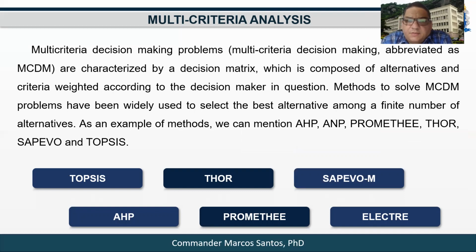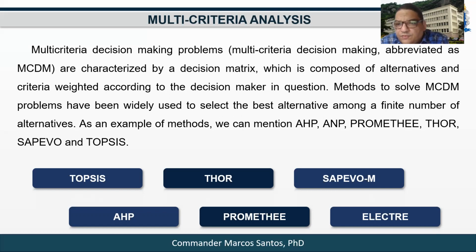Multi-criteria decision-making problems are characterized by a decision matrix which is composed of alternatives and criteria weighted according to the decision maker in question.